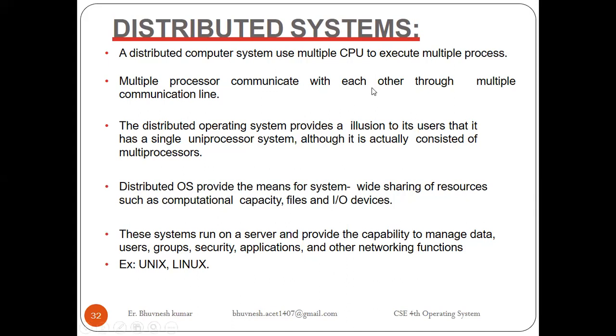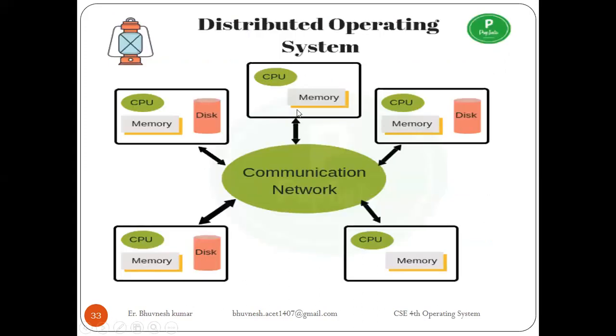Multiple processors communicate with each other through multiple communication lines. Okay, so the diagram is here. There are multiple CPUs and each CPU has its own memory and disk: CPU, memory, CPU, memory, CPU, memory. Okay, and each processor can execute an individual process.